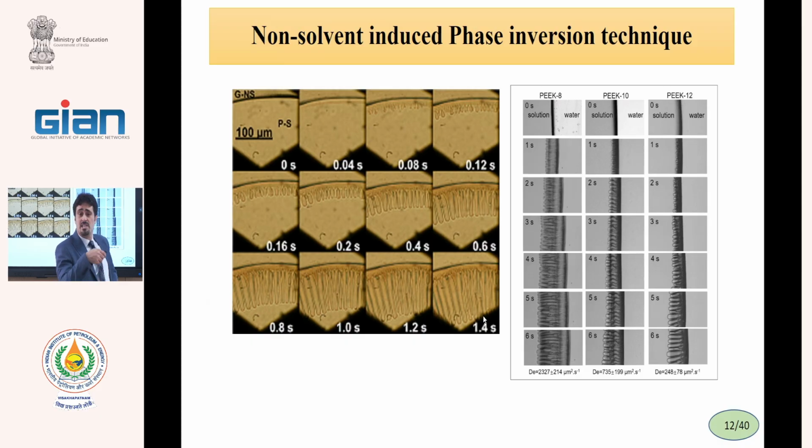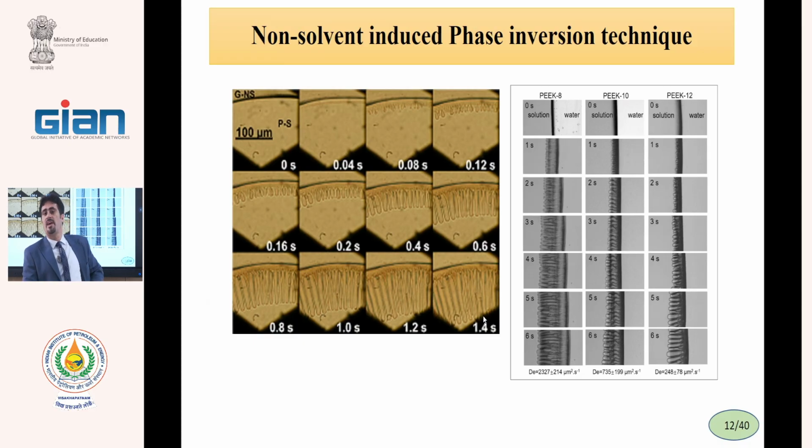Therefore, the increase of viscosity reduces the diffusion speed. Therefore, you see in this area at the similar time for the low viscous solution, the pores are rapidly produced, but for the high viscous solution, the diffusion rate is low. Okay?